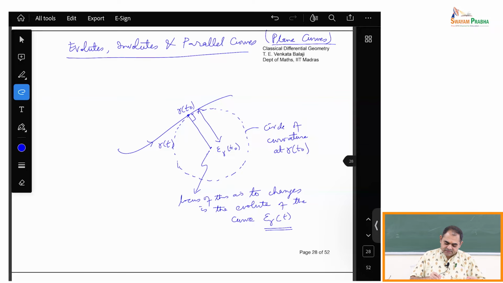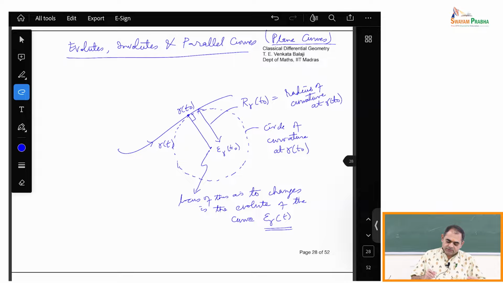So this is r gamma at t naught, the radius of curvature at gamma of t naught, and you know that its reciprocal is the magnitude of the curvature.